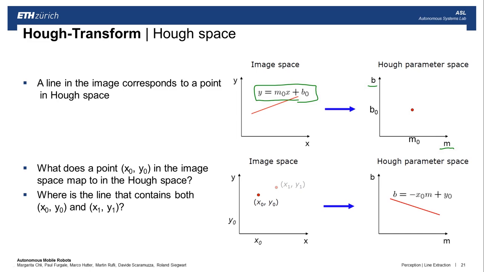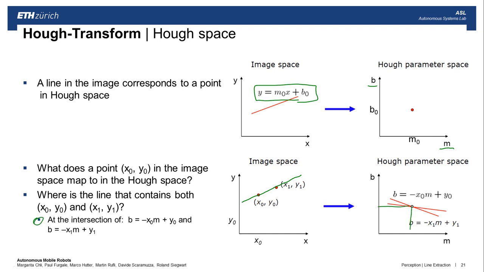That would actually look like a line. If you had 2 points in the image space, what would be the line that connects both of these points? We can see that we have in Hough parameter space one line for each point, and their intersection corresponds exactly to the parameters of this line in image space.